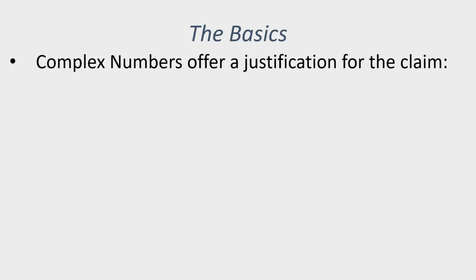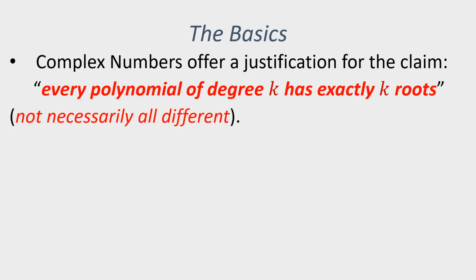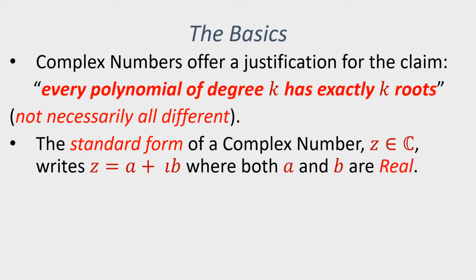So, the basics. Complex numbers ultimately originate as a justification for the claim every polynomial of degree k has exactly k roots. Of course, these are not necessarily distinct roots.